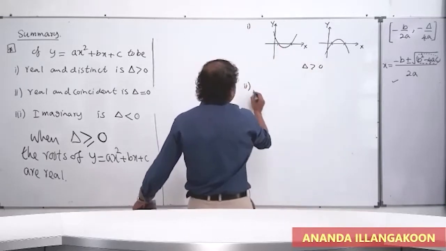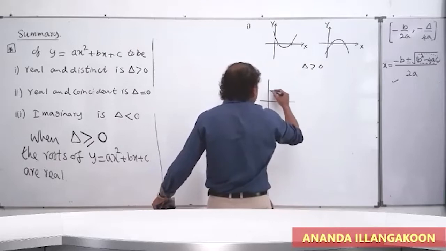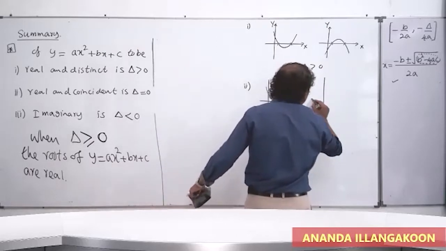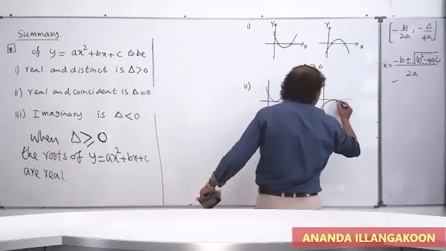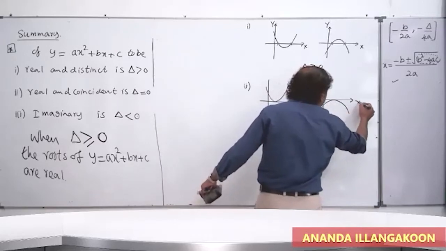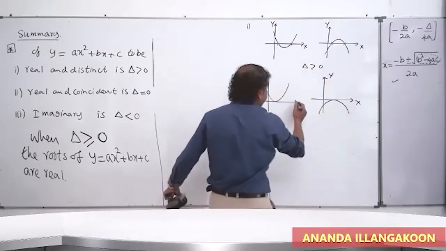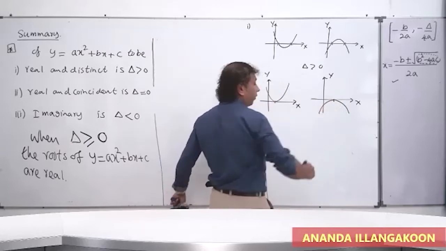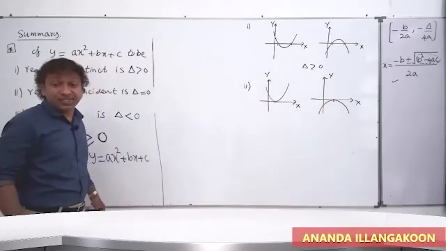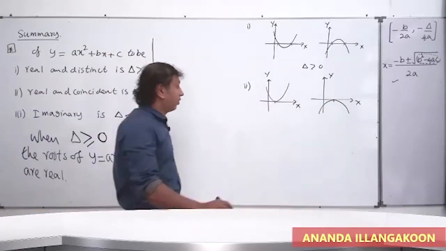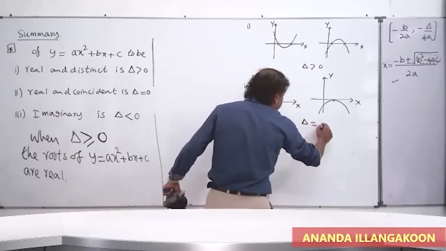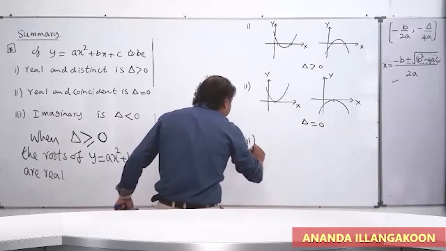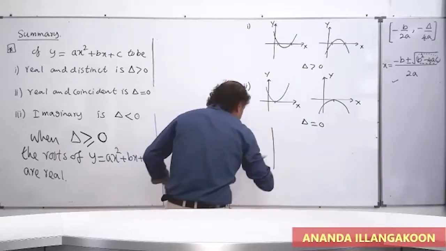Second type, people, we notice this way. The graph touches the x-axis like this. This is the coincident real roots case. This occurs when delta equals 0. Third case, this way, people.